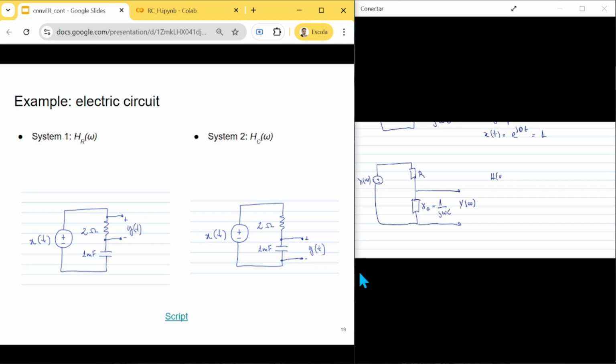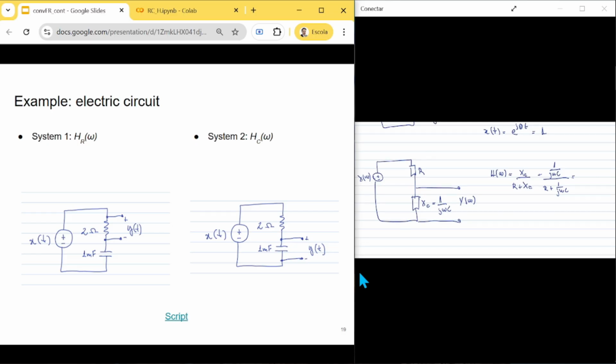So our frequency response will be this over the sum of these guys. XC over R plus XC, which is 1 over j omega C over R plus 1 over j omega C. We can leave it like that, or we can multiply everyone by j omega C. If we do multiply, we get 1 over j omega RC plus 1.